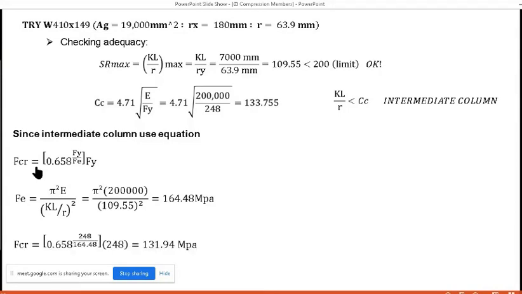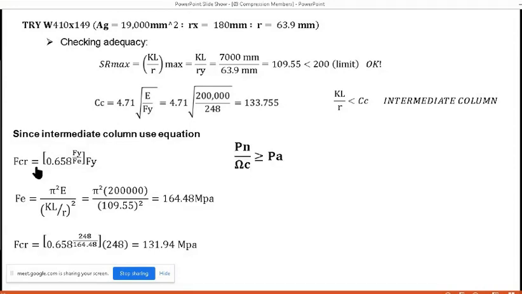So, masosolve na natin yung FCR natin. You just have to substitute yung values na na-compute natin. That is equal to 131.94. Okay? So, meron na tayong FCR. Meron, given na din yung factor natin because we are solving ASD method.